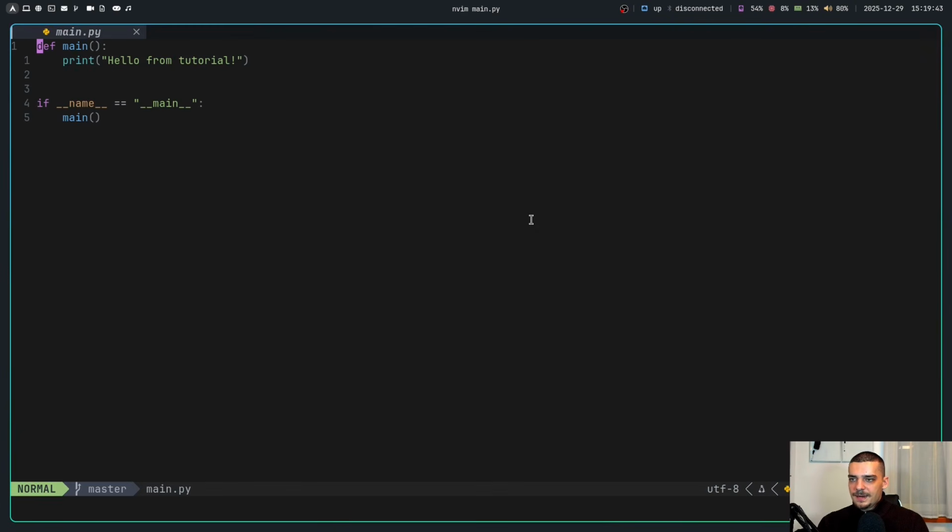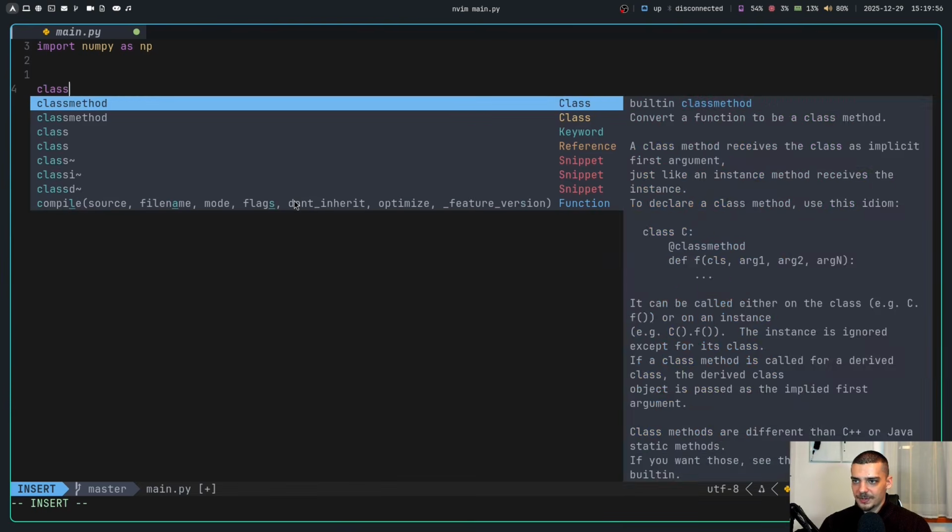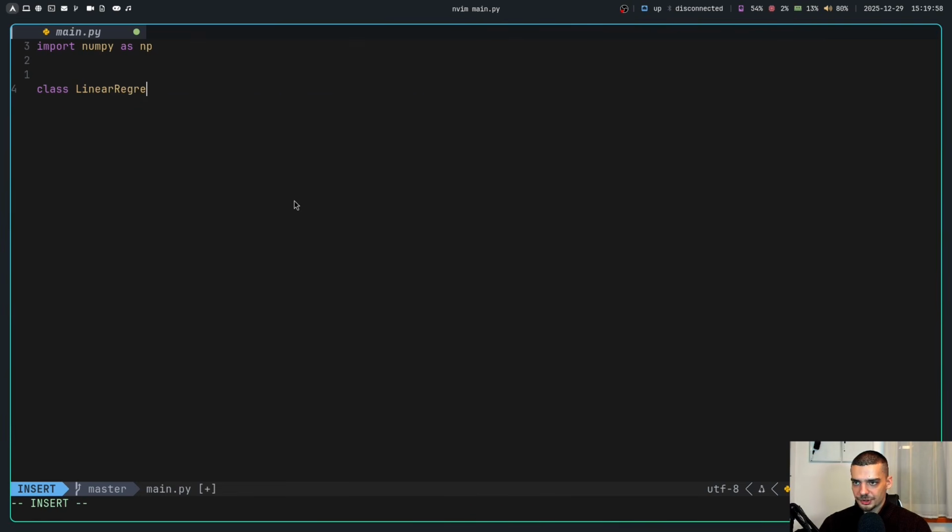So open up a main.py file, and here now we're going to write the code for our linear regression using the closed form solution that we just derived. For this, I'm going to say import numpy as np, and I'm going to create a class called LinearRegressionClosed. That is going to be structured in a similar way to the classes in scikit-learn.